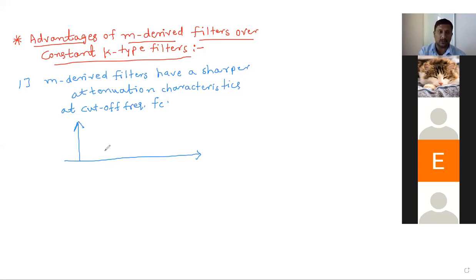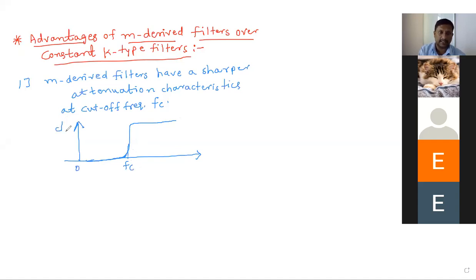So suppose I am taking the low pass filter here. Consider low pass or high pass. Suppose you are talking about the attenuation 0 in case of low frequency. Yes, so nearby, sharper we are getting. So this is FC.